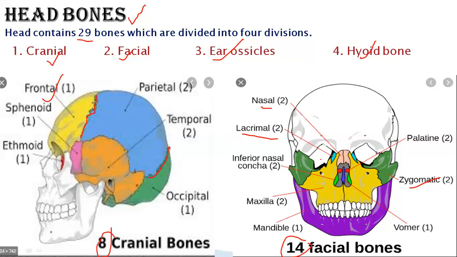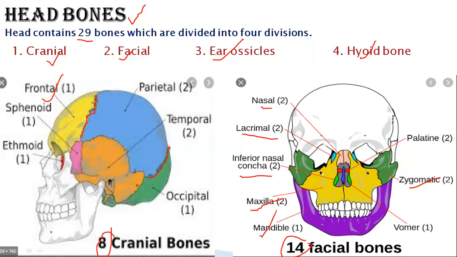And then the inferior nasal concha, that is also paired, left and right. And then the maxillae are also 2, because they are separated with the suture, and right and left both are present. So these all are paired bones.